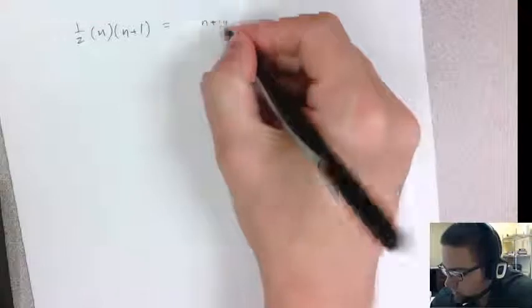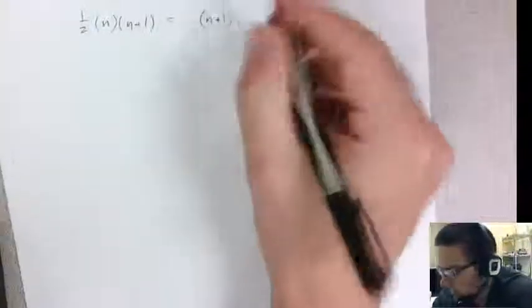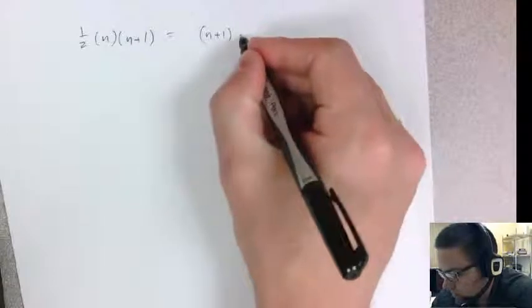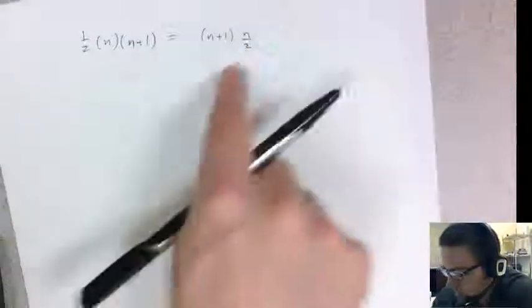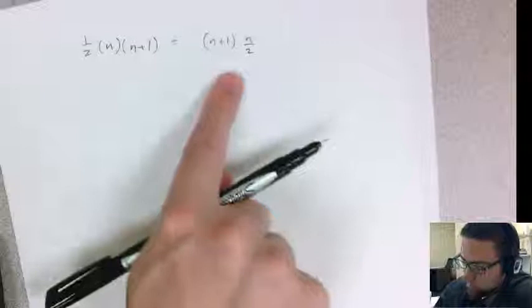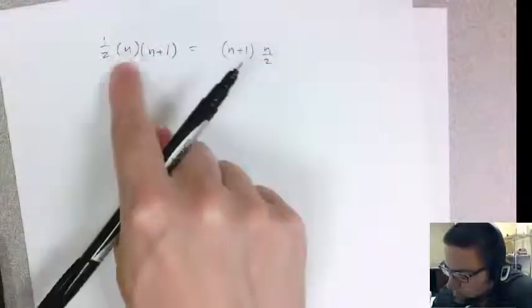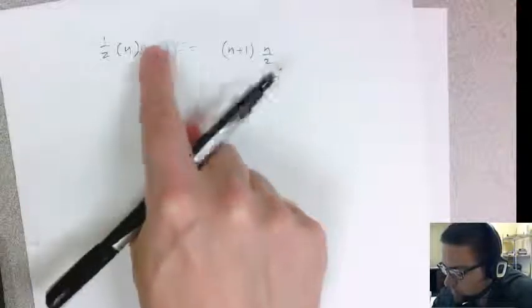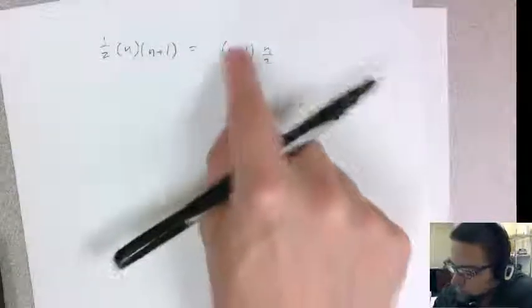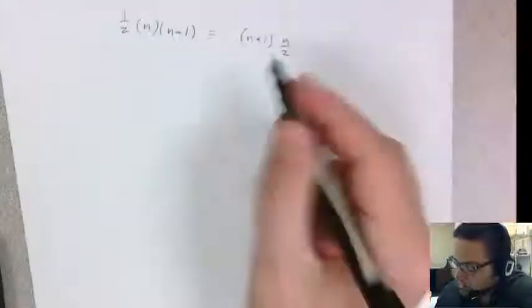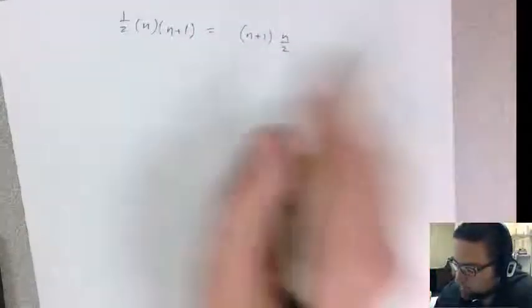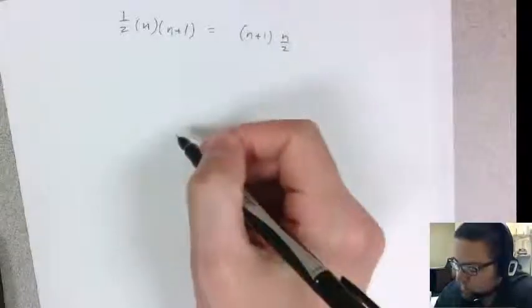And then you multiply it by the number of pairs, which would be the total number of numbers divided by 2, right? And you see that these are identical statements, that they're equivalent expressions. If you take a number and multiply it by that other number and divide it by 2, or take that number and multiply that number and divide it by 2, it's the same thing. So there are different equivalent expressions here.